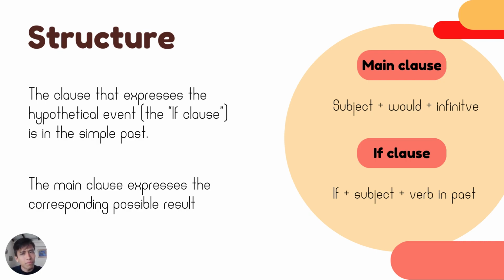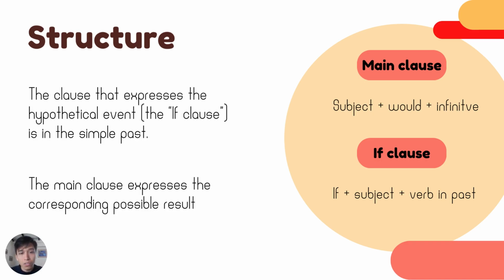As I said in the last video, in conditionals we use clauses. So here again we are going to use the main clause and the if clause. The clause that expresses the hypothetical event is in the simple past, which is the if clause, while the main clause expresses the corresponding possible result.